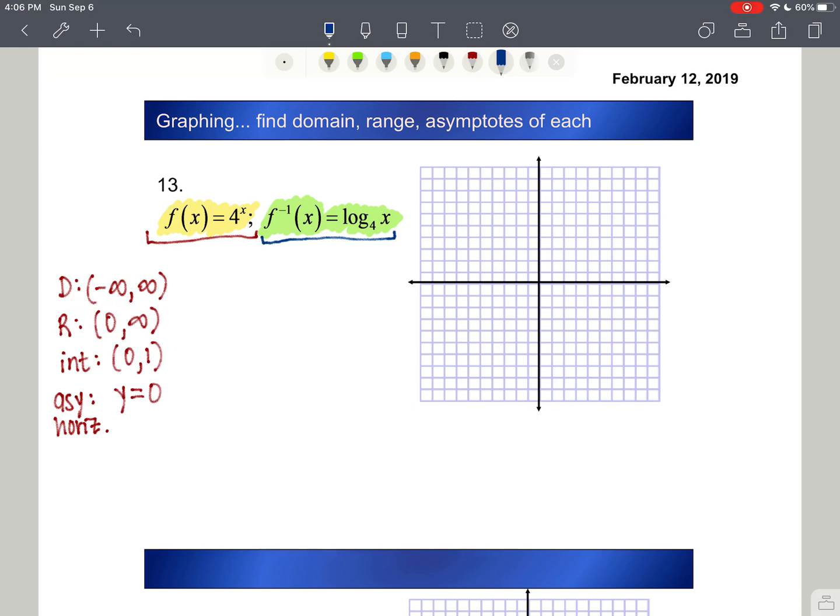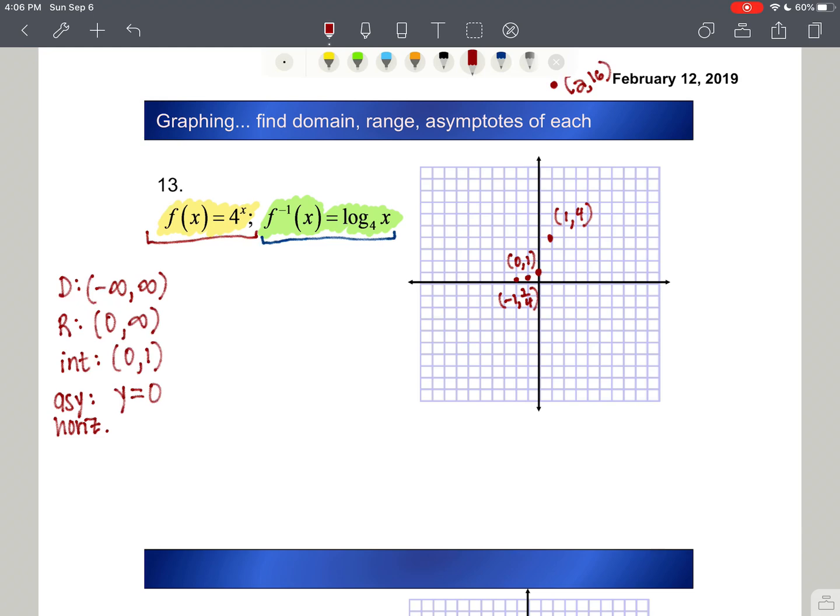Our inverse function is going to take all the points of our exponential function: (-1, 1/4), (-2, 1/16), (0, 1), (1, 4), (2, 16). I'm going to put that way up here. Here we have (1, 4). Here we have (0, 1). And then we have (-1, 1/4).